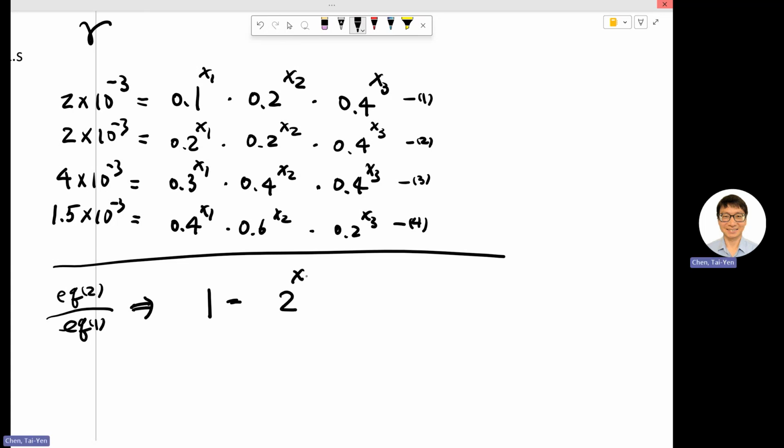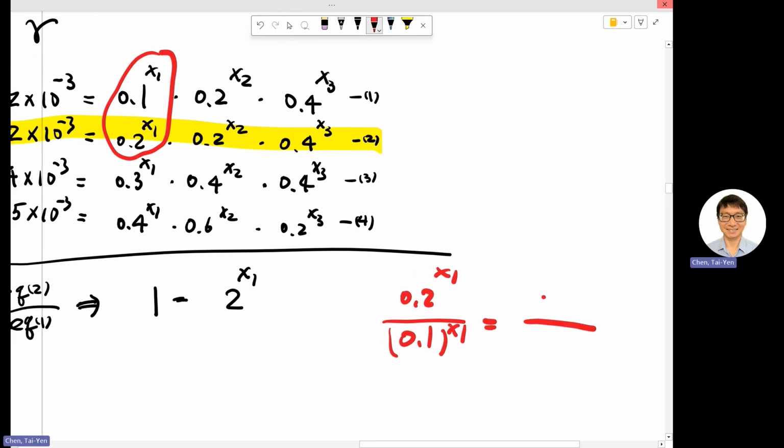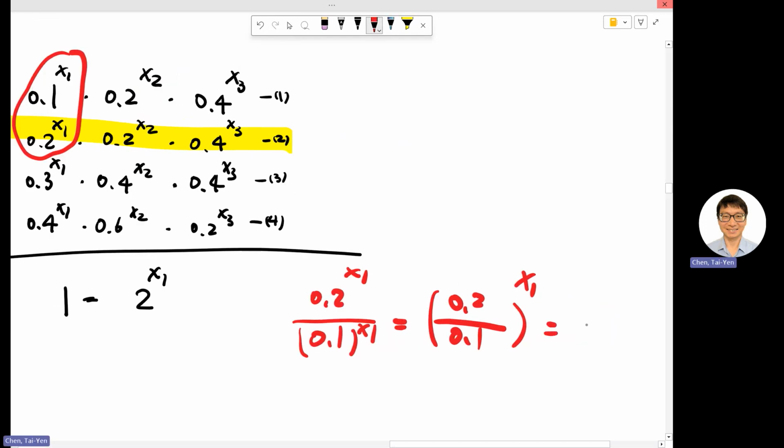It will be 2 to the x1 power. So I use the second equation divided by the first one. On the left-hand side they are the same, so you get 1. Then I focus on this term, 0.2 to the x1 power divided by 0.1 to the x1 power. If the exponent is the same, you can just write 0.2 divided by 0.1 raised to the x1 power, which gives you 2 to the x1 power.